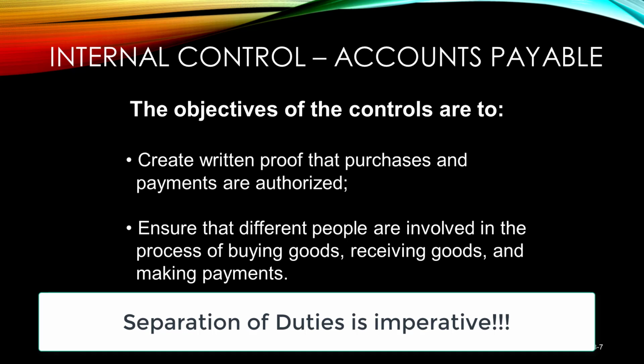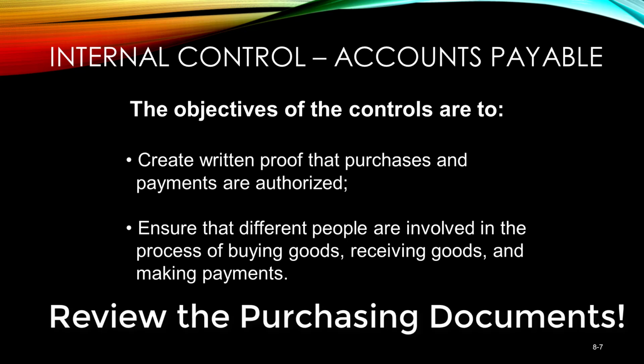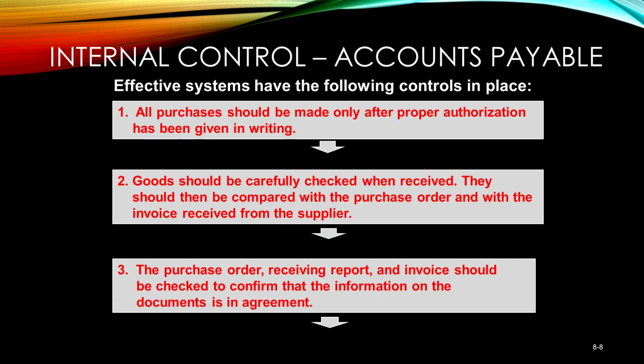Much of this is done through the earlier documents that you learned about. So just as a summary to the importance of those documents shown in the last video, let's go over several steps. All purchases should be made only after proper authorization has been given in writing. We do this through the purchase requisition and the purchase order discussed in the previous video.